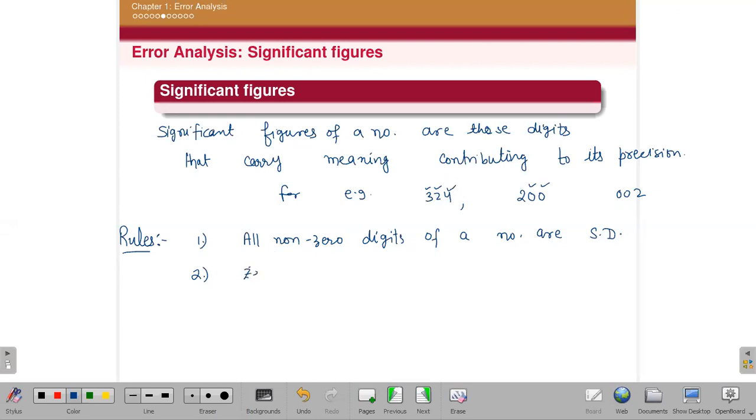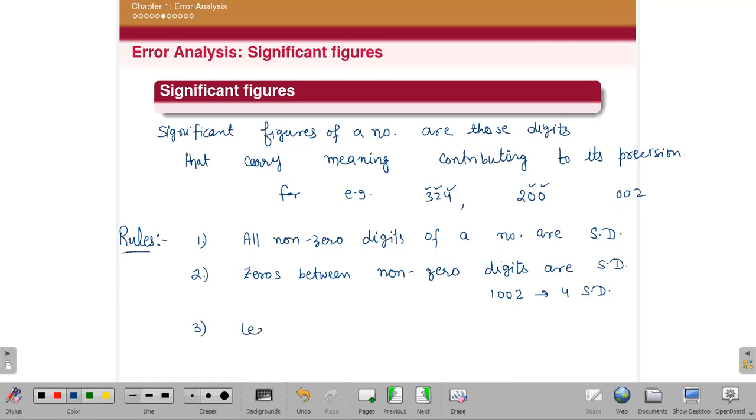Second, zeros between non-zero digits are significant. Like if I write 1002, these are zeros, but they are between non-zero digits. So it contains 4 significant digits.